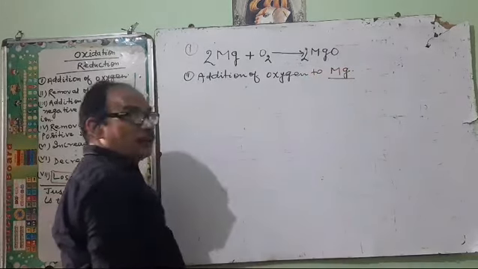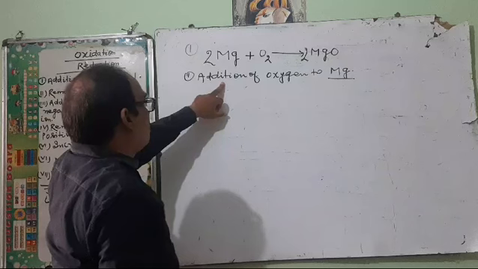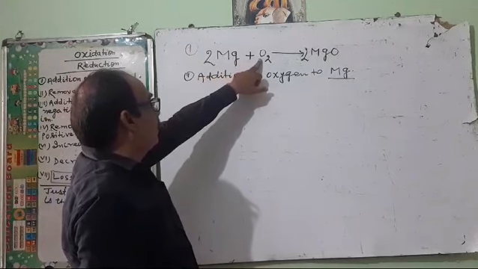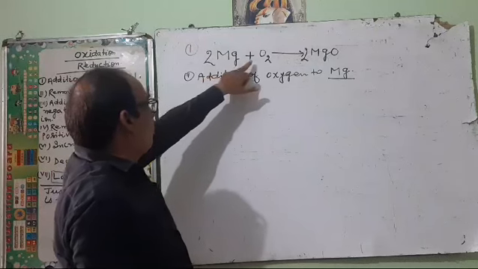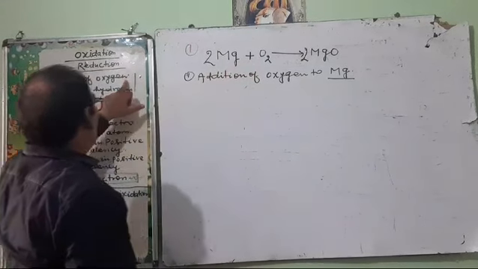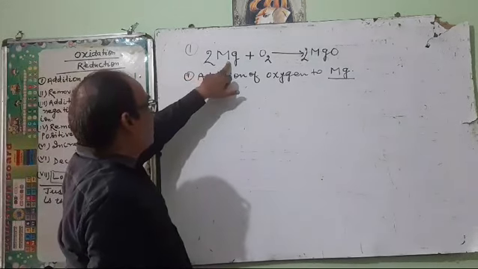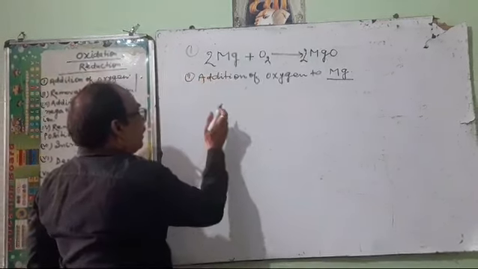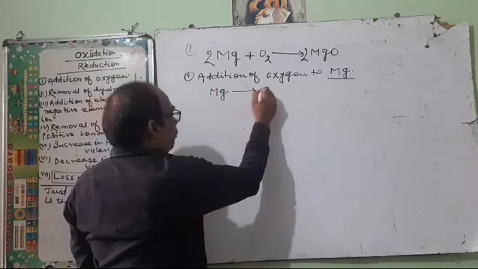This one is magnesium and this one is oxygen. As there is addition of oxygen to magnesium, magnesium undergoes the process of oxidation. So magnesium is oxidized.